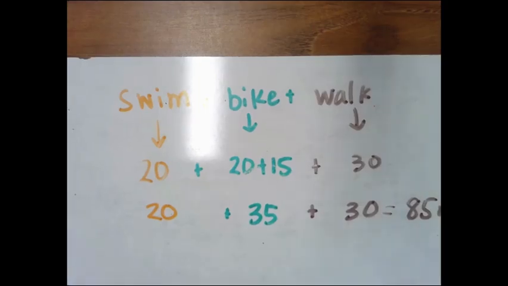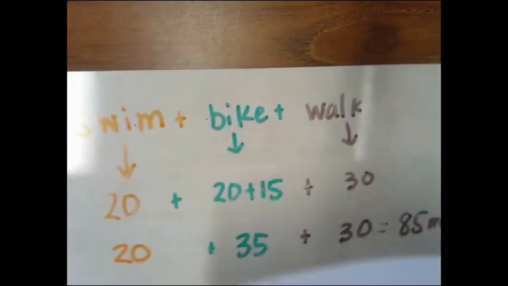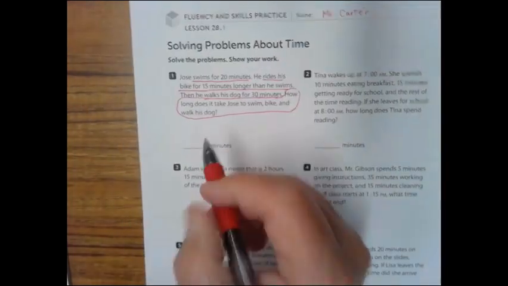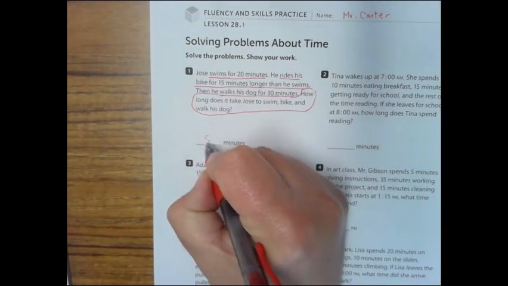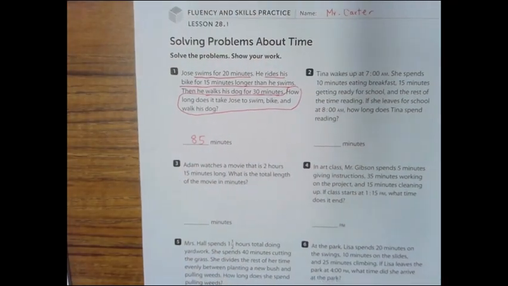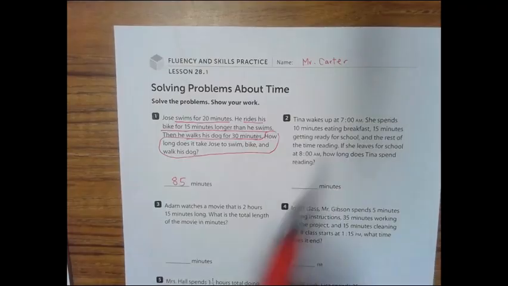So that is our answer for how long he swims, bikes, and walks all together. I'm going to transfer that to my paper here: 85 minutes.